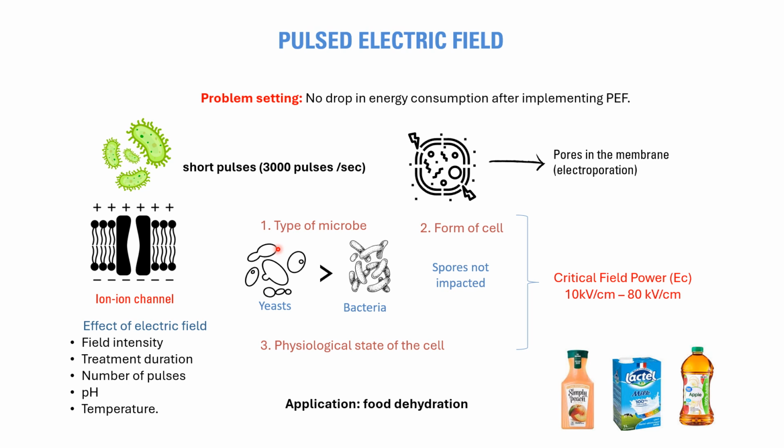So, in case of client, it is quite possible that the number of pulses of electric field was not enough to cause electroporation of biological tissue, thereby resulting in greater moisture retention and longer drying times.